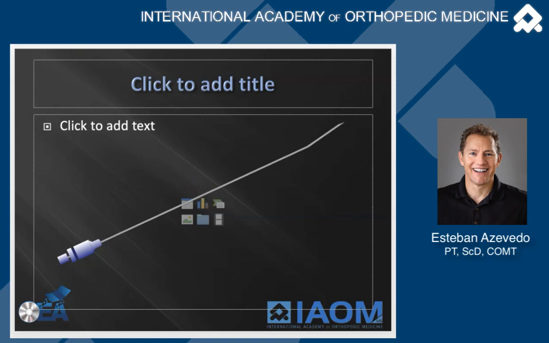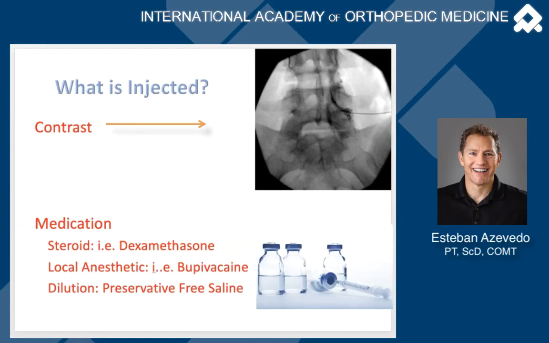One question I get a lot is, what are they injecting? When I asked the pain doctors about this, and I've worked side by side with pain doctors for 20 years, they said it's always some contrast unless you have an allergy to it, because I think it's made from shellfish or something that can be an allergen. So when they inject it, you could see it under the X-ray. You can see this was injected along a nerve root, and it outlines that nerve root.